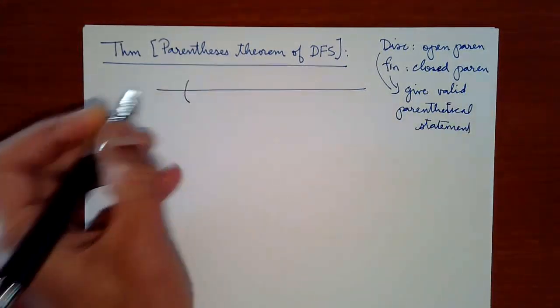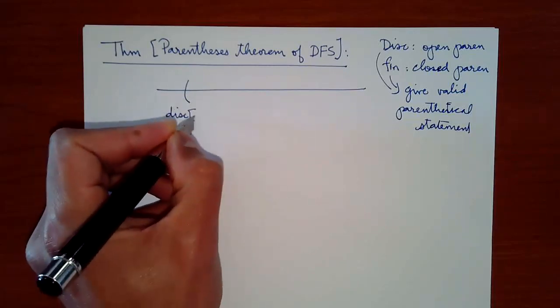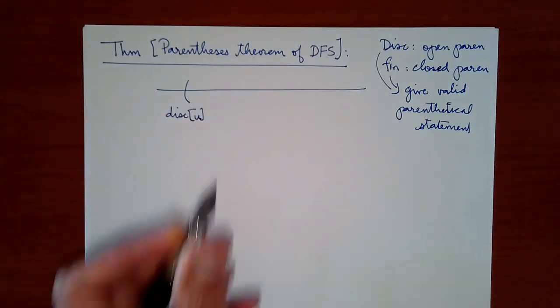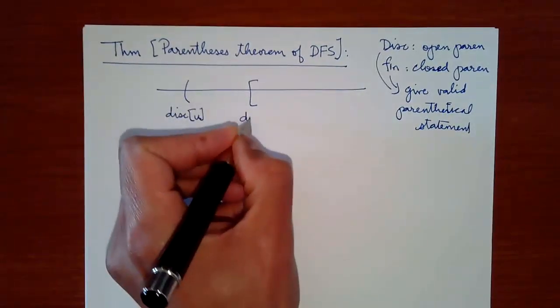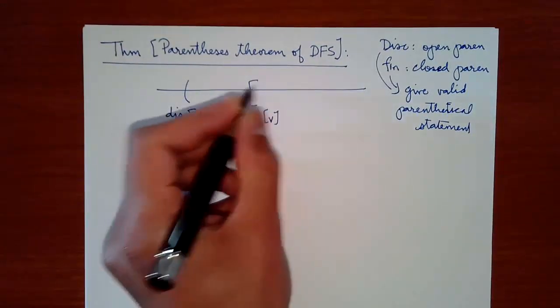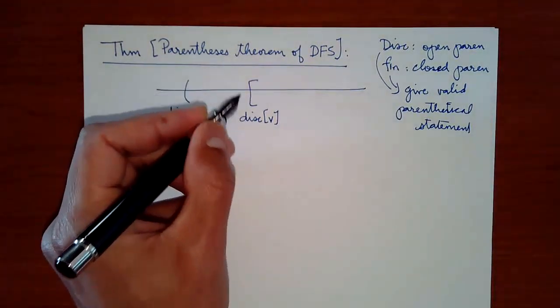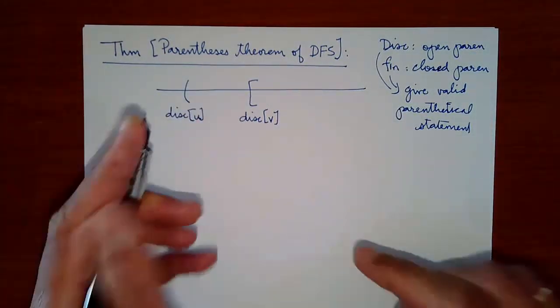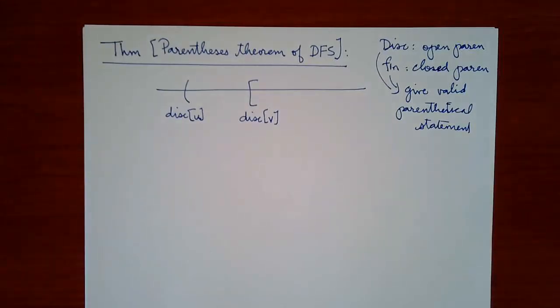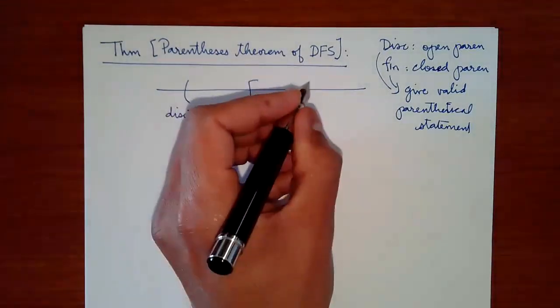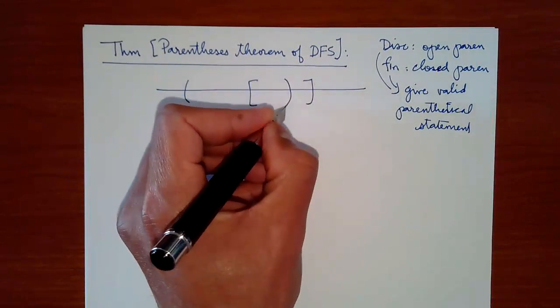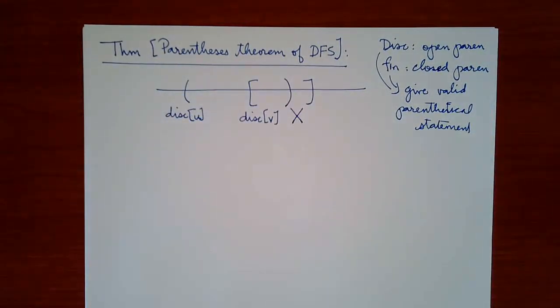What this means is if you think of the discovery of U as something like that, and the discovery of V as another parentheses, then if you look at the corresponding finish times, the open and the closing have to form a valid parenthetical statement, which means this cannot happen.